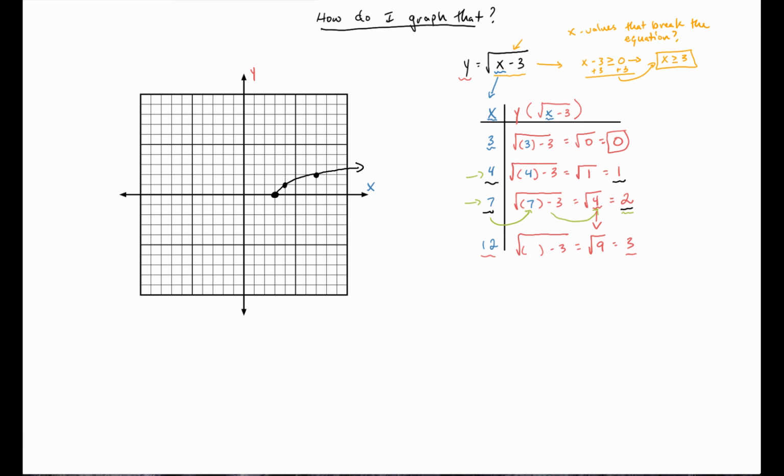So what number can I plug in that'll give me a 9 under that square root? Well, I need a 12 because 12 minus 3 is 9. Again, I have that point 12, 3. And as you can see, my graph might not be perfect, but if I came out a couple more units here, you can see it's climbing and it would probably look a little more like that.